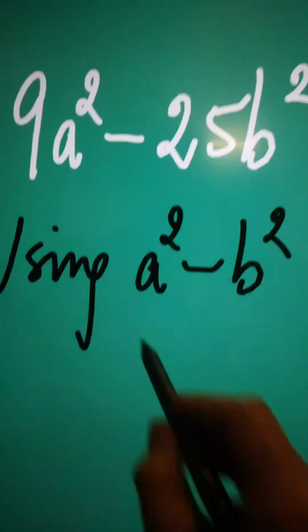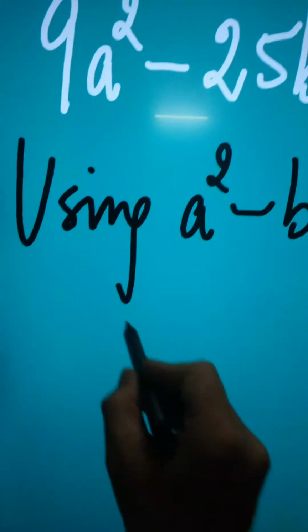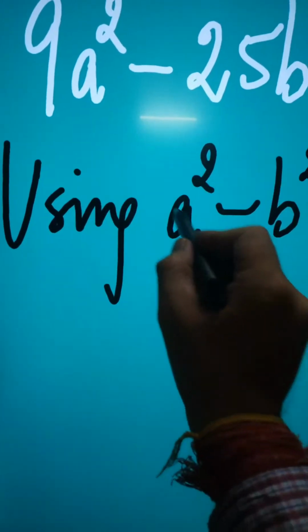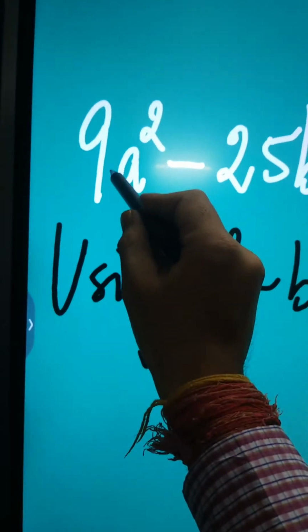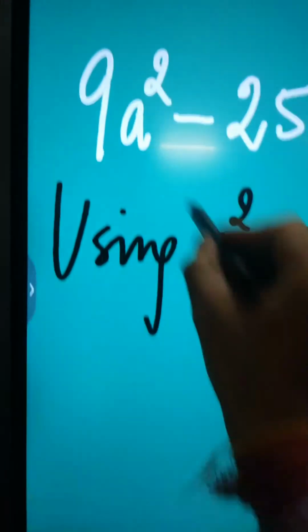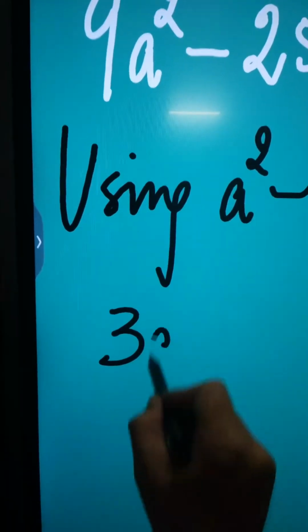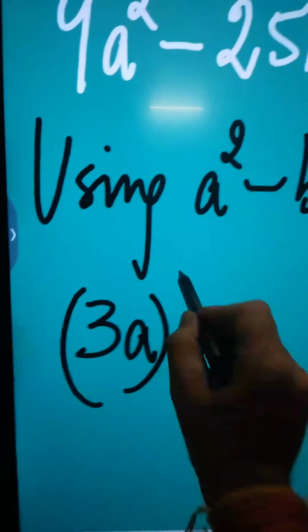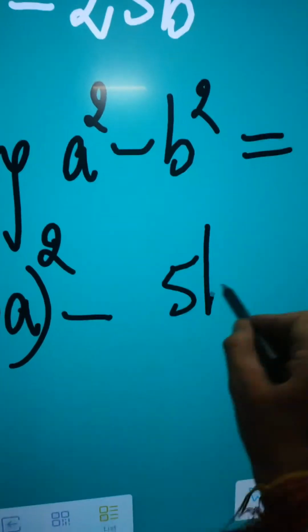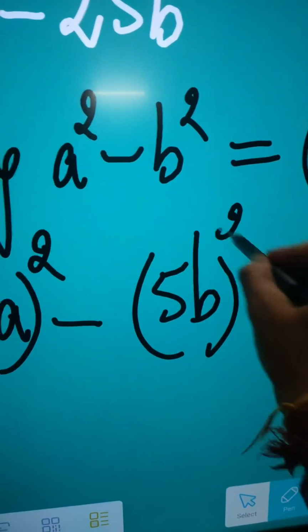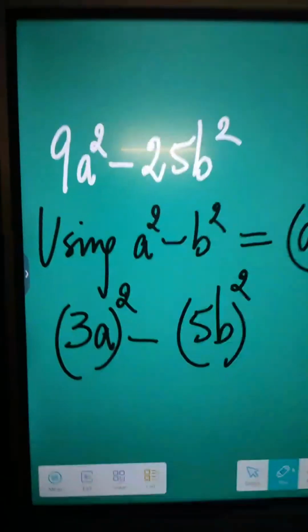So what is a? A I have to write first as a square. This is a square, but 9 is not a square, so I will make 9 also as a square, as 3a square minus b. B means 5b square.